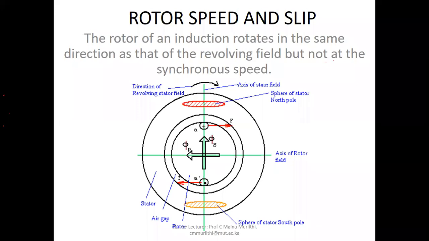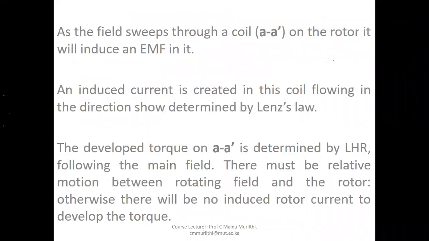And the rotor will move at a speed slightly less than the speed of the revolving magnetic field. And that's why we call it an asynchronous machine, asynchronous to denote that it does not revolve at synchronous speed. So that's what is explained here.